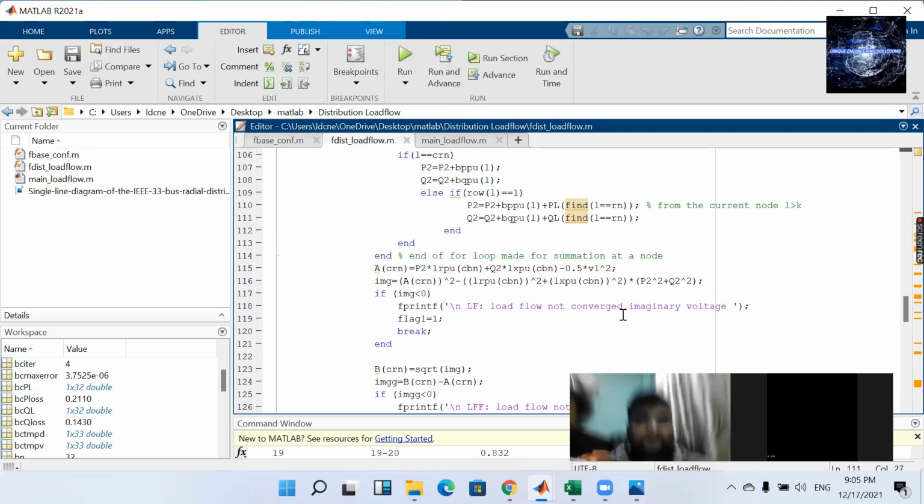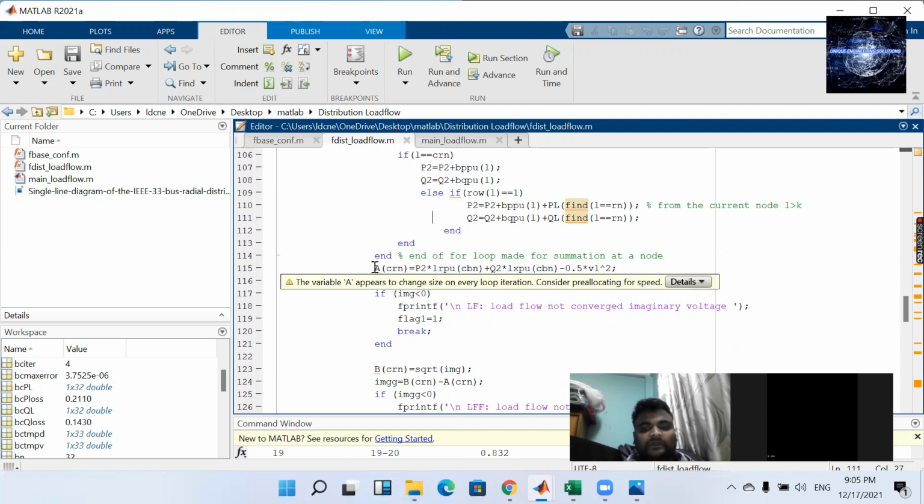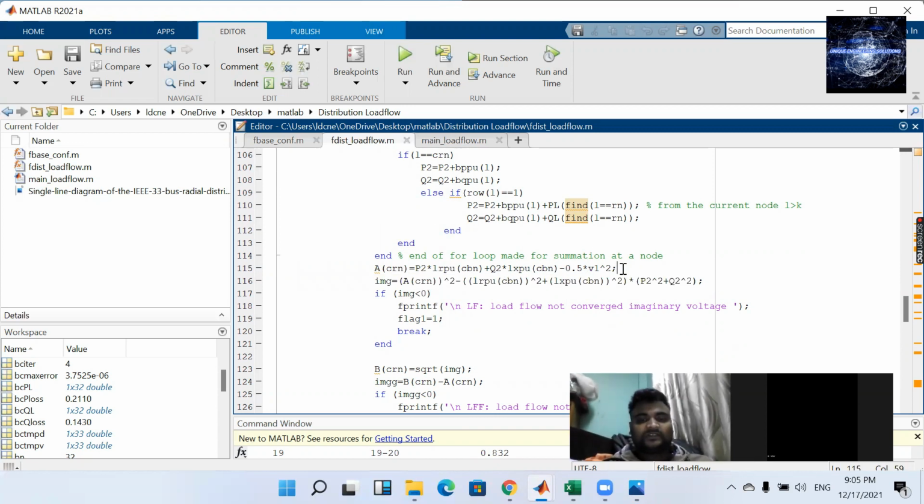And this is the formula that is obtained if you consider only a two bus system, with power going from A to B. We can equate the current flowing through that branch, which will be sending end voltage minus receiving end voltage divided by impedance.